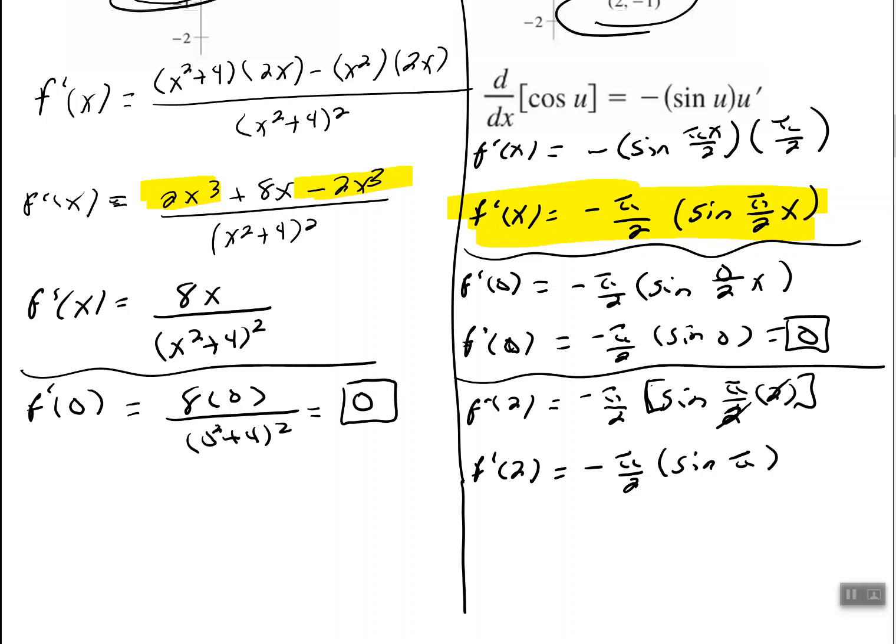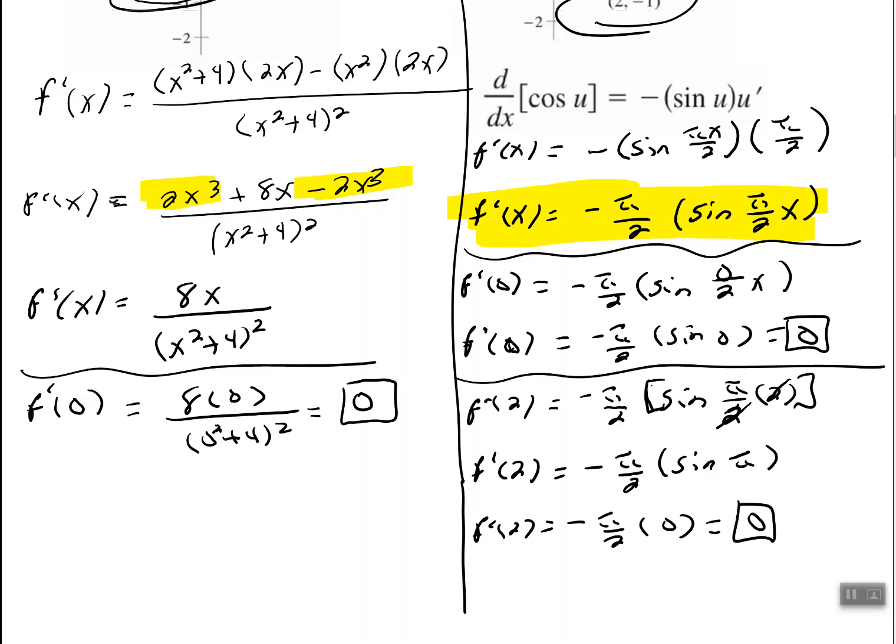And then we know sine of pi, if you need to look at your unit circle, you can, but we know sine of pi is 0. And 0 times anything is 0.